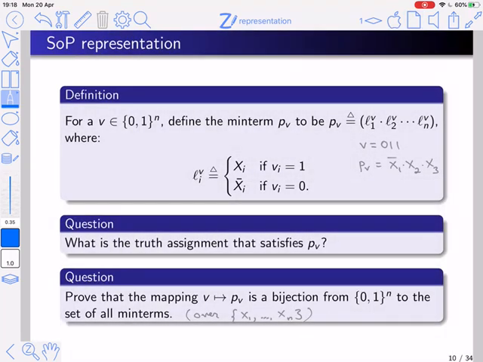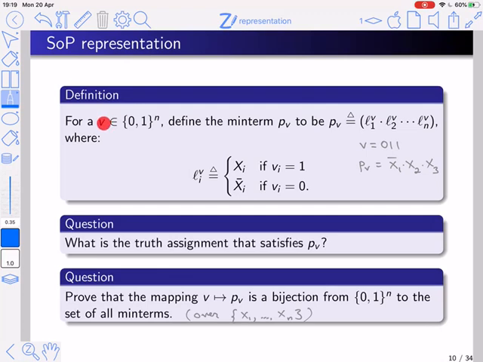Okay, so now what we want to do is, given a Boolean function, we want to express this Boolean function using a Boolean formula that is a sum of products. So towards this goal, let's define the following.